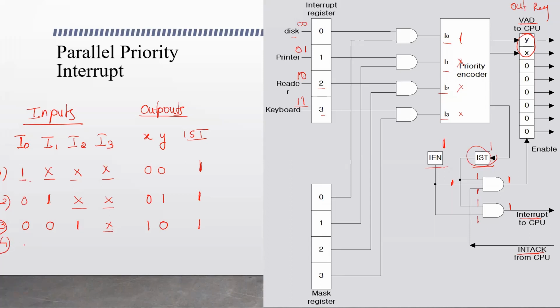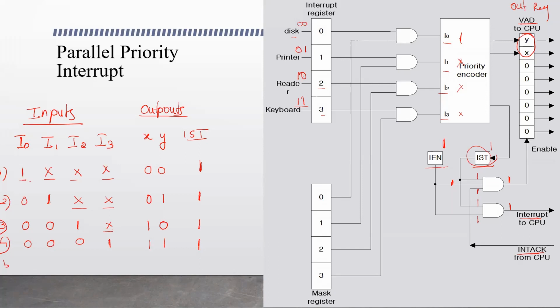The next case is, if the first device does not have, the second device does not have, and the third device, the device at the lowest priority, has an interrupt. In this case, it generates the output 1, 1, meaning device 3 needs to be serviced. It enables the interrupt status line, and bit 1 will be set in the register IST.